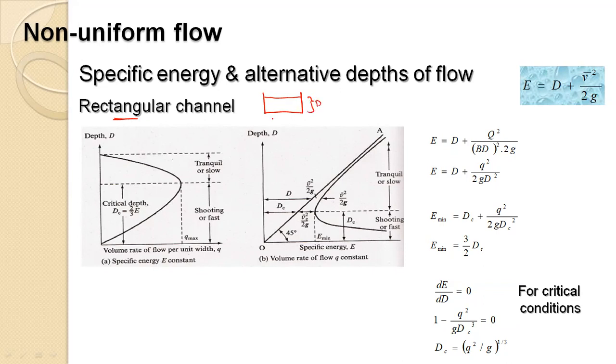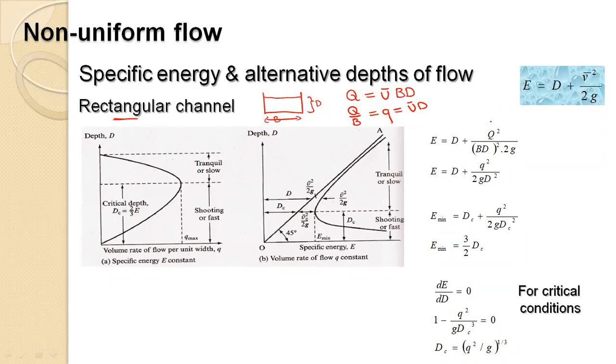The water depth is D and the breadth is B. If the discharge is Q, then Q is equal to V bar into B into D, since the cross-sectional area is B into D. The discharge per unit width, denoted by simple q, is Q divided by B, which is equal to V bar into D.